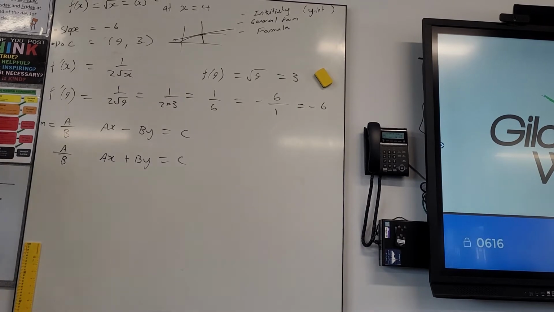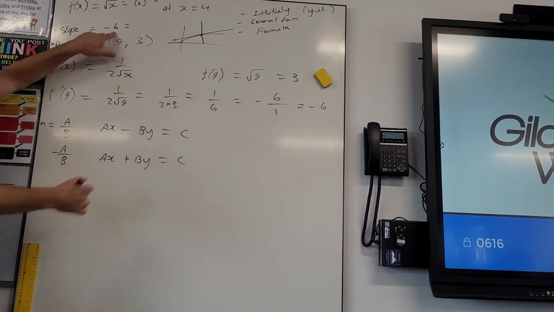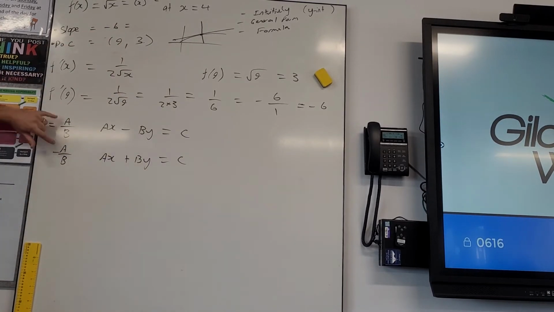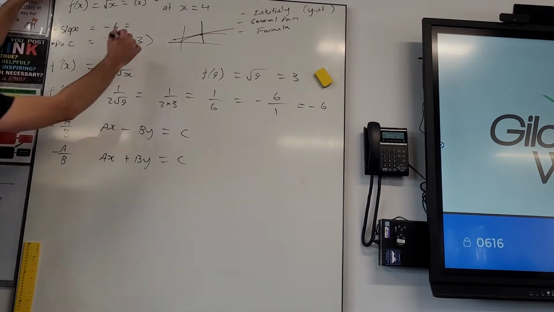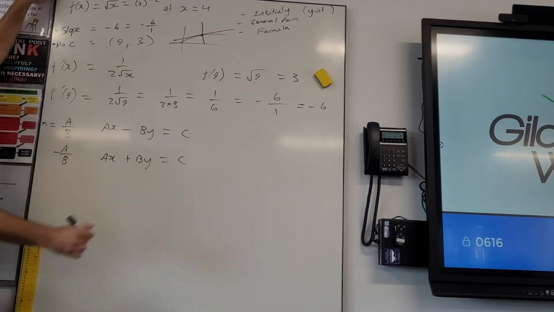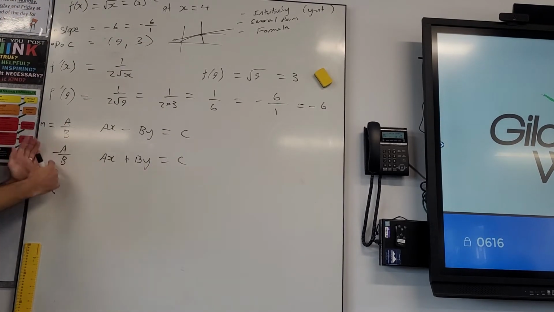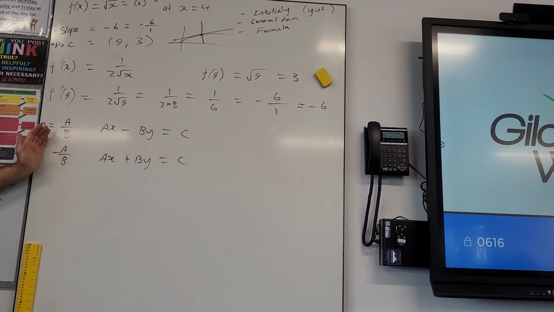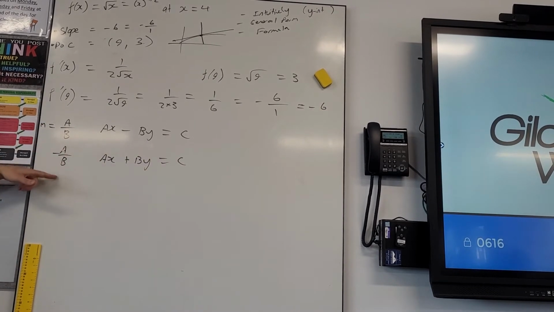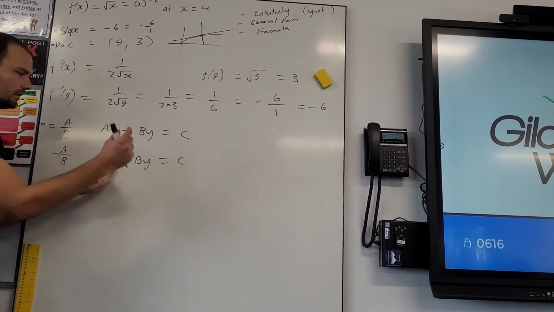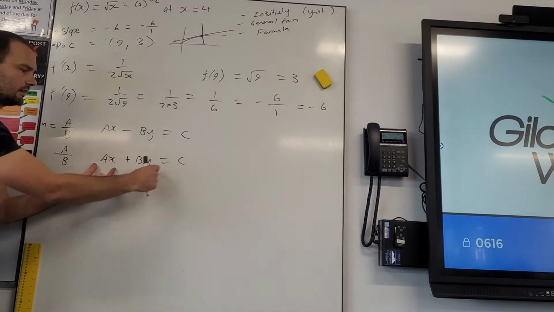So up here we've got a slope of -6. Now we want to express it as a fraction so we can recognise which general form we're doing. So we've got -6 on top of 1, and it's resembling this one here, isn't it? It's a negative slope, and we've got one number on top of the other. So we're going to write 6x plus 1y equals c.